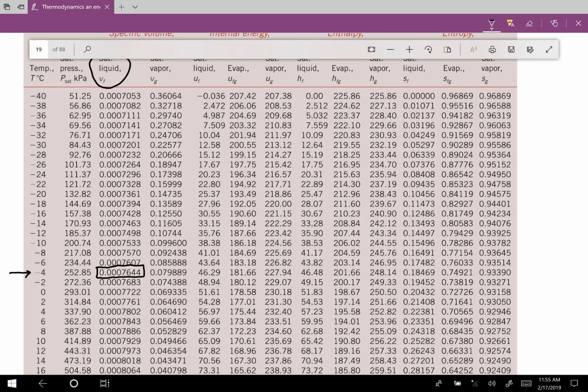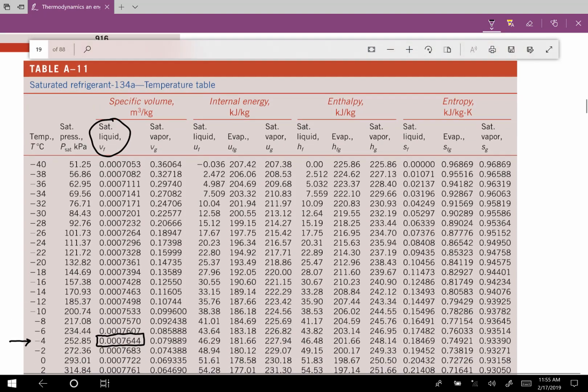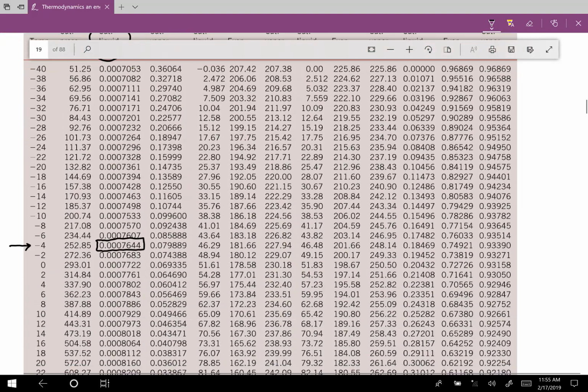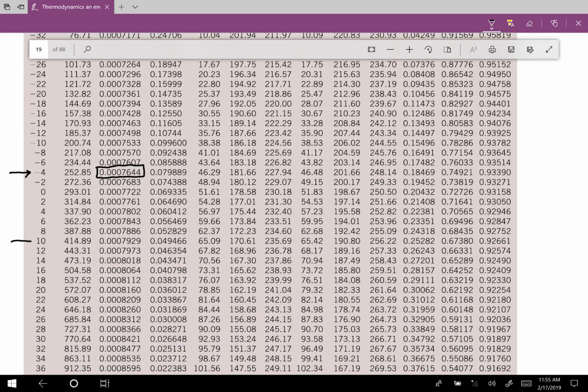All right, so I need to look up the specific volume of the liquid and the vapor at 10 degrees Celsius for refrigerant 134A. I'm still on the same table I was using before, only now I'm going to go down to 10 degrees Celsius, and the specific volume of the liquid is 0.0007929 meters cubed per kilogram, and the specific volume of the vapor is 0.049466 meters cubed per kilogram.